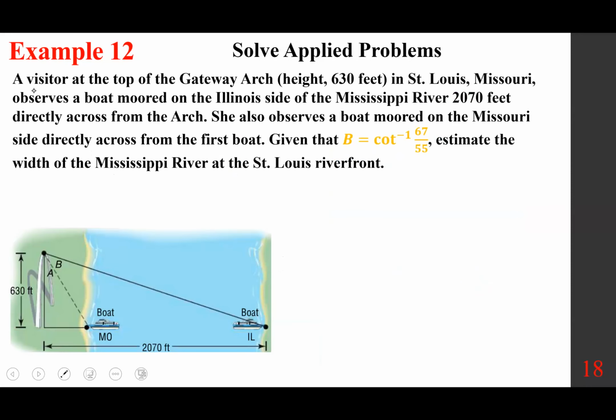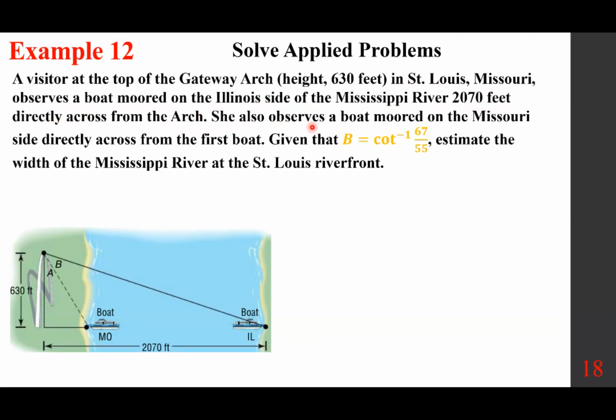Could somebody read this, please? A visitor at the top of the Gateway Arch, height 630 feet, in St. Louis, Missouri, observes a boat moored on the Illinois side of the Mississippi River, 2,070 feet directly across from the arch.